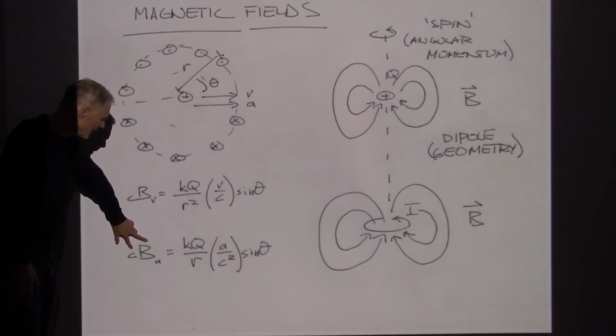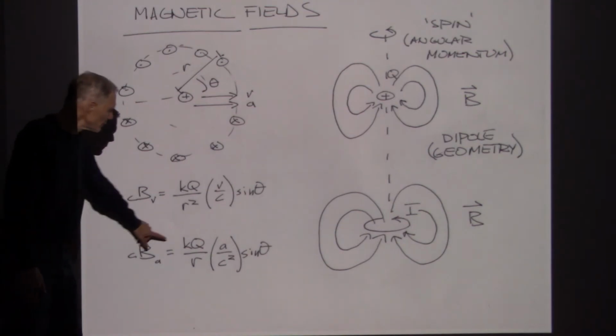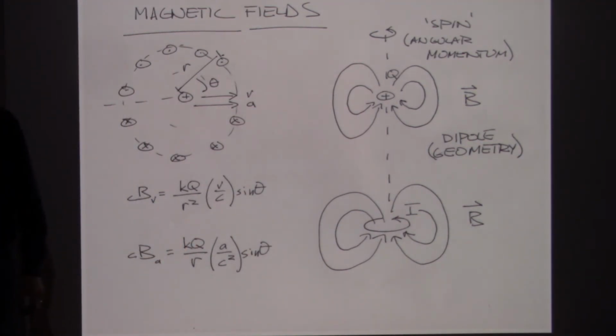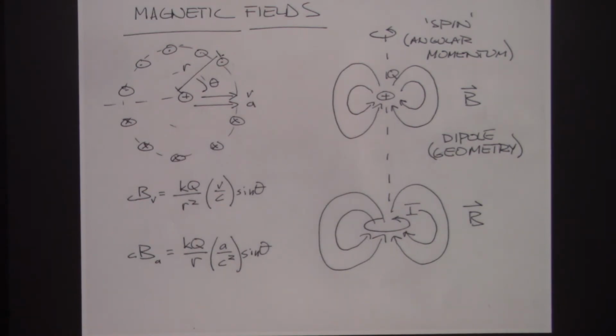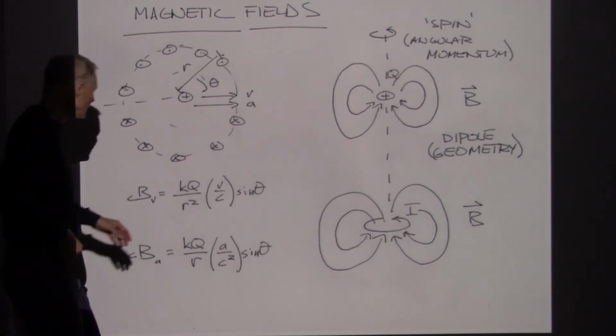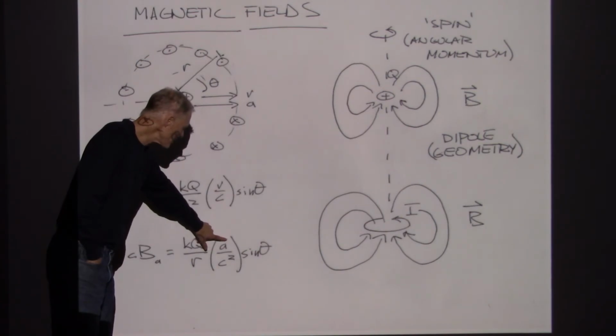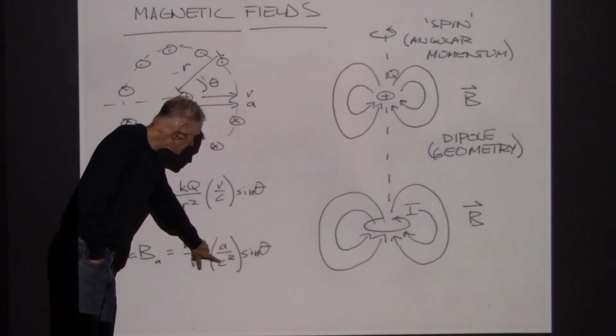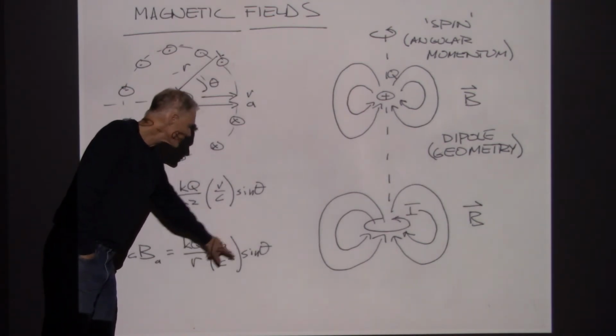The acceleration fields are given by kq divided by r, not r squared, but divided by r. And then it also depends on the acceleration divided by c squared, not c, but c squared, times sine of theta.